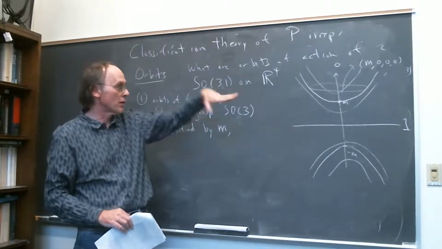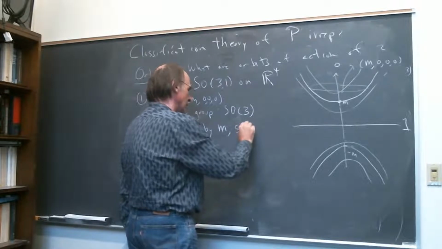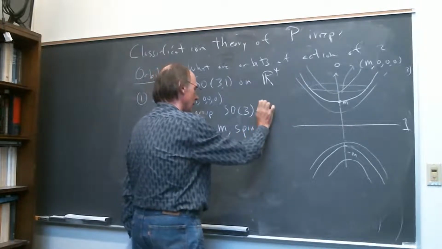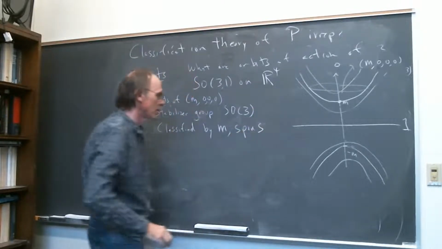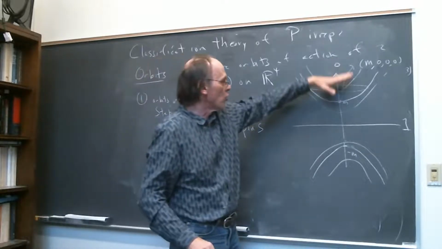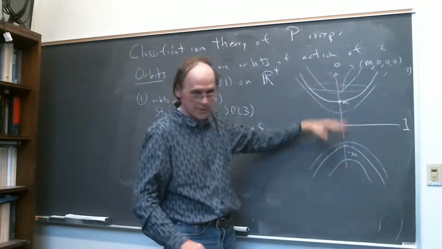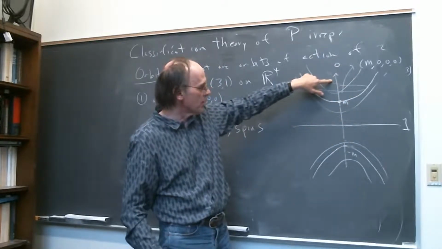I mean, I probably should be working with spin 3 or the spin s. Okay. So one set of orbits are these guys, and these are going to correspond to positive energy.